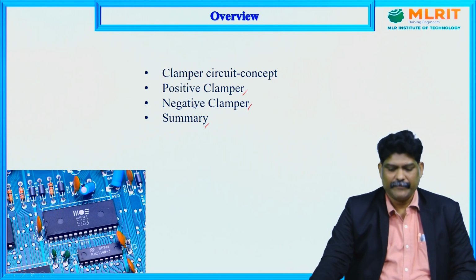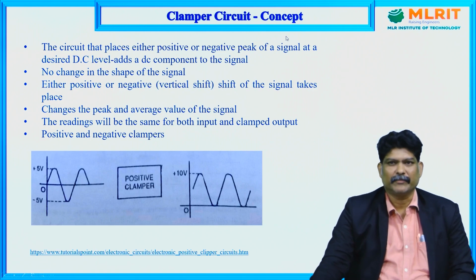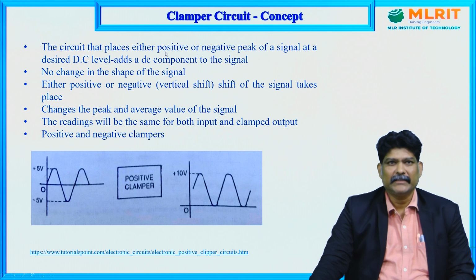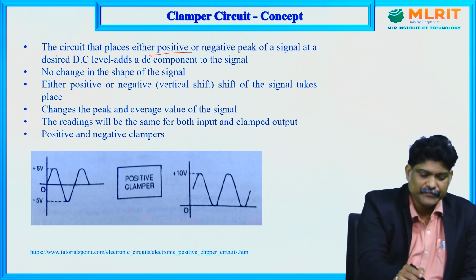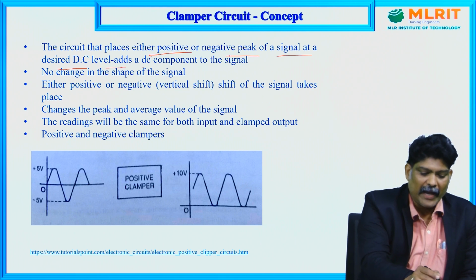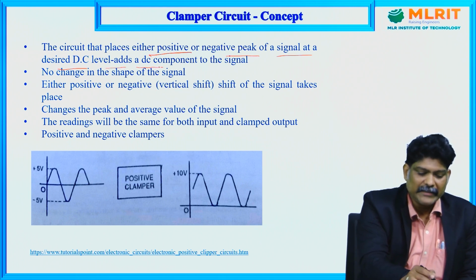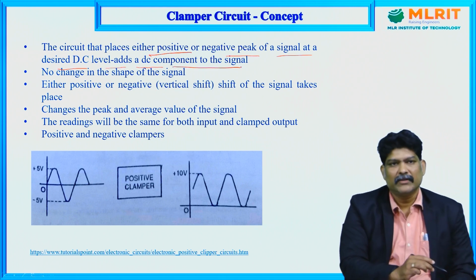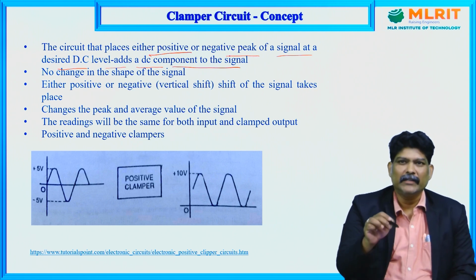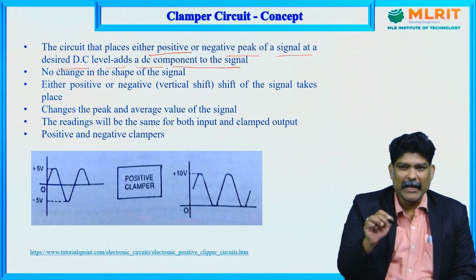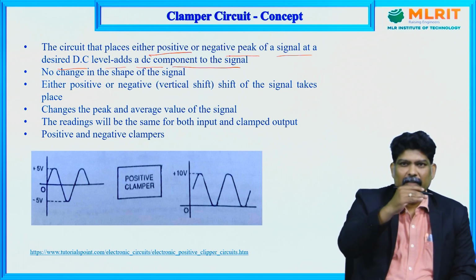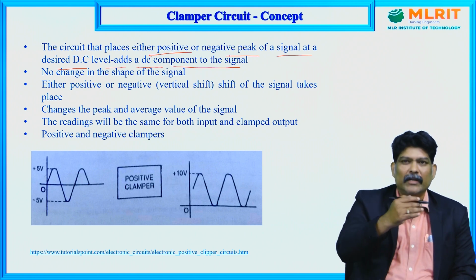Let us see the first one, clamper circuit concept. What do you mean by a clamper? It is a circuit that places either the positive or negative peak of a signal at a desired DC level, adding a DC component to the signal. If a sinusoidal signal is applied to a clamper circuit, the clamper shifts the input signal vertically to either the positive or negative side.